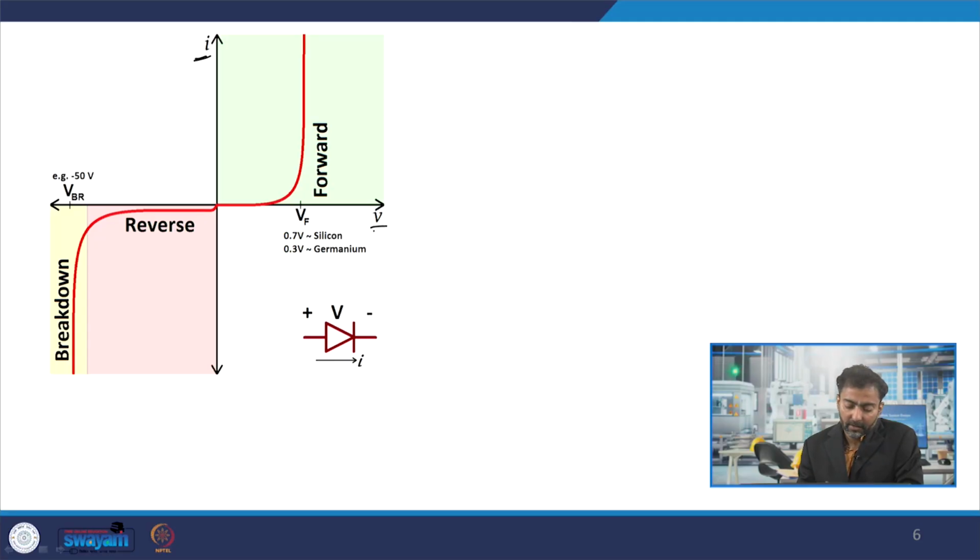Here you have the current on the y axis and voltage on the x axis. Look at this IV curve of the diode in the first quadrant. The current through the diode is almost 0 till it reaches the threshold voltage, which is 0.7 volt for silicon and 0.3 volt for germanium.